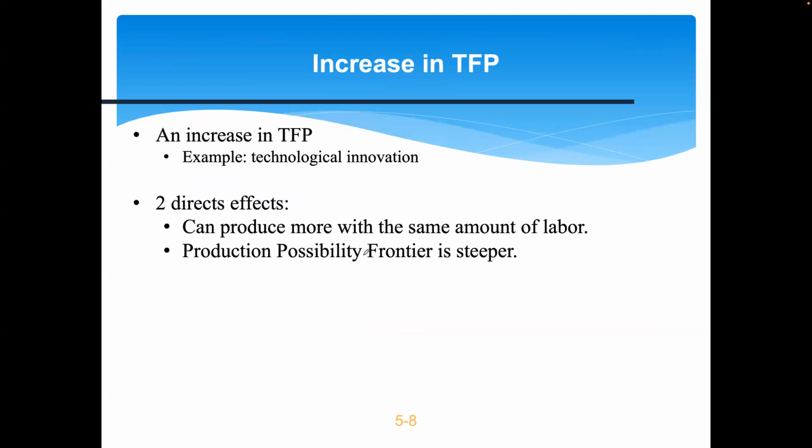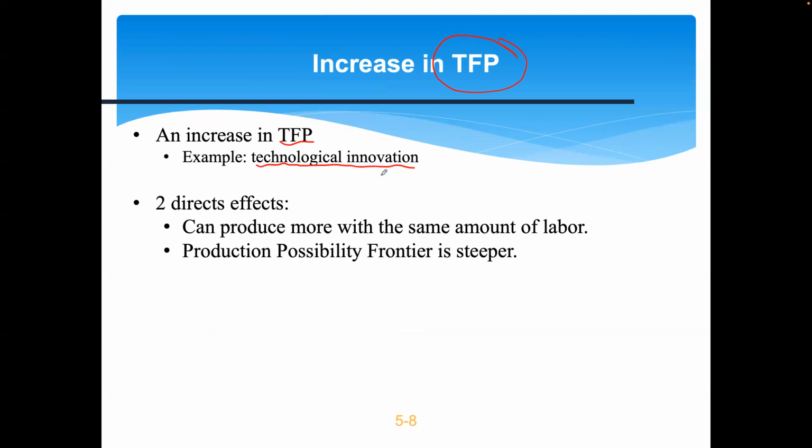So now we move to the second case study, to understand an increase in TFP, right? So what is TFP? That stands for total factor productivity. So what is an example of an increase in TFP? Technological innovation, like in 1990.